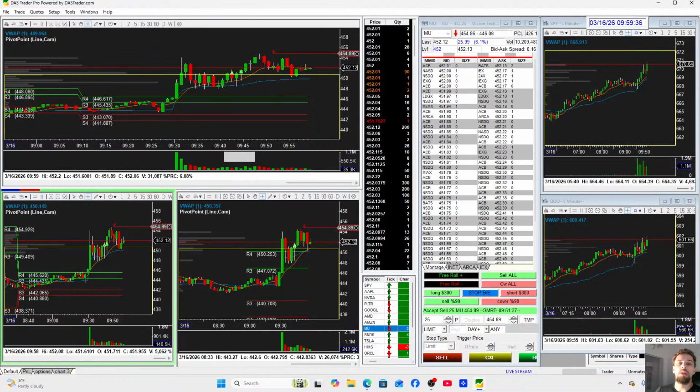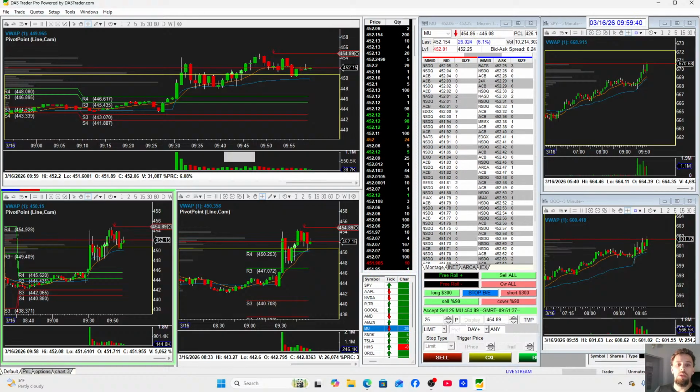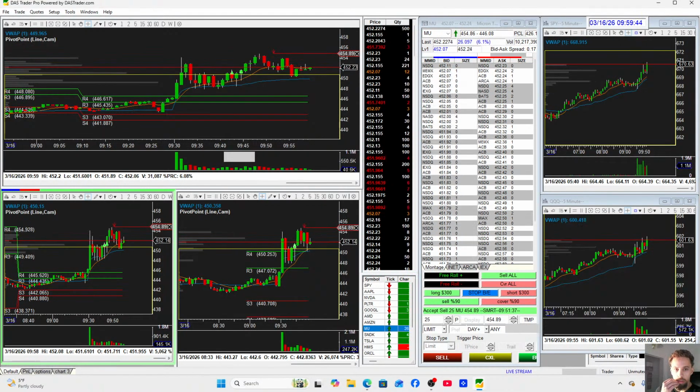This trade is taking its sweet time unfolding. Looking for 455 for my first partial.